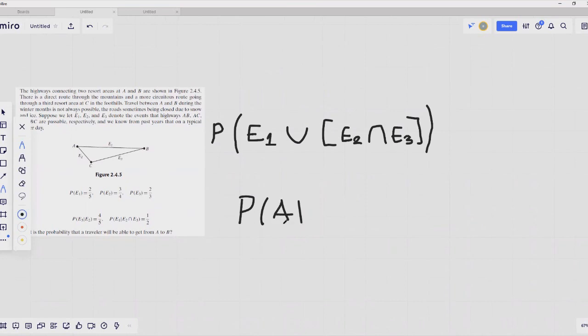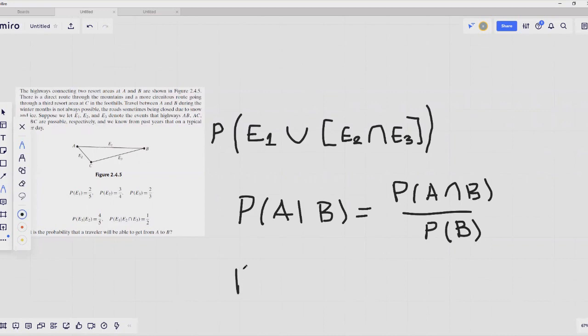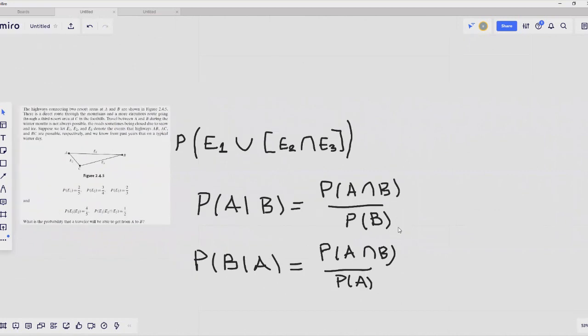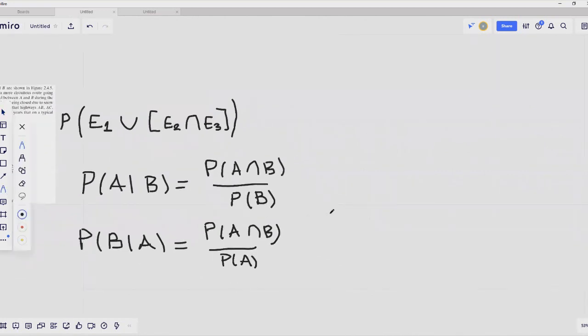Let's say we are looking for the conditional probability of event A given B. It is equal to the probability of A intersection B over the probability of B. Probability of B given A is equal to the probability of, again, A intersection B divided by the probability of A. So from the following two expressions, we can see that we can define the probability of A intersection B in the following two ways.